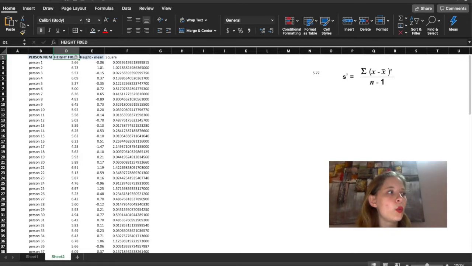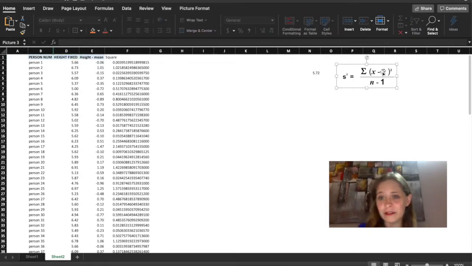And I wanted to talk to you guys about what the standard deviation is first, because we're trying to go very granular on this. So this is the formula for the sample variance, and the standard deviation is going to be the square root of that.